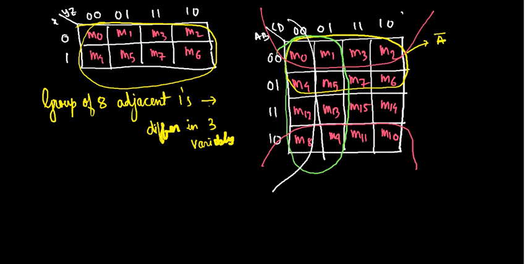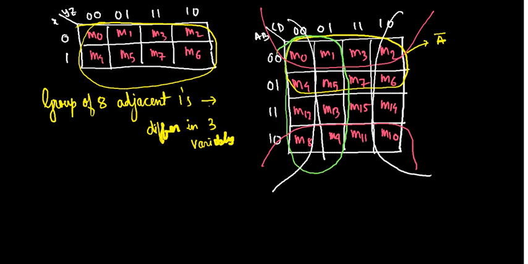This one, that. Anything else? I'm just considering M0 here right now. For 8, tell me. That's it. Okay, you take any other minterm. Find all the possibilities of this group.